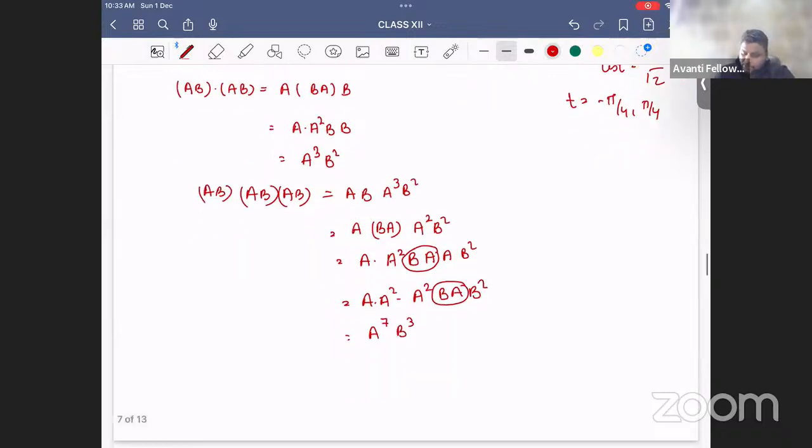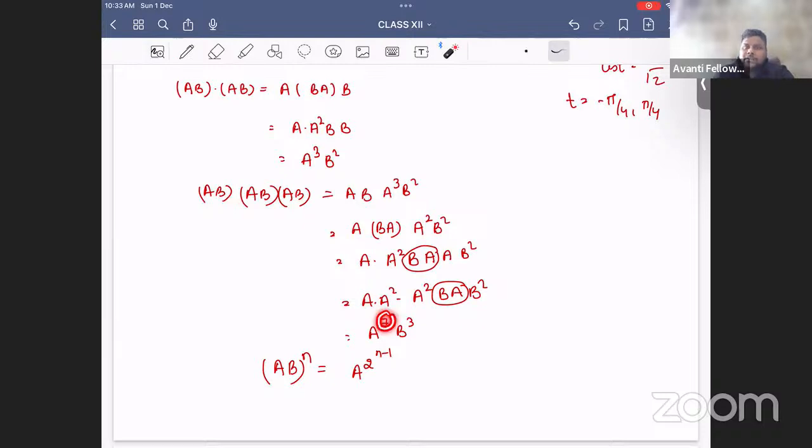Got it? So with this pattern, you realize AB to the power n is going to be A to the power 2 to the power n minus 1. While there are 3 AB, it is 2 to the power 3 minus 1, which is 7.